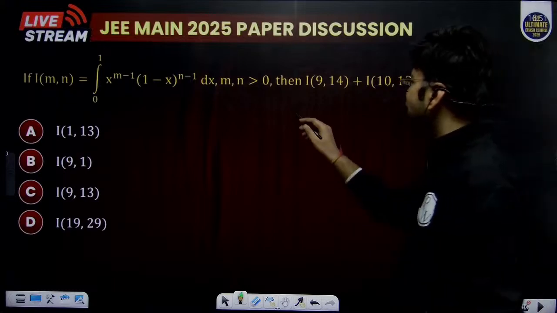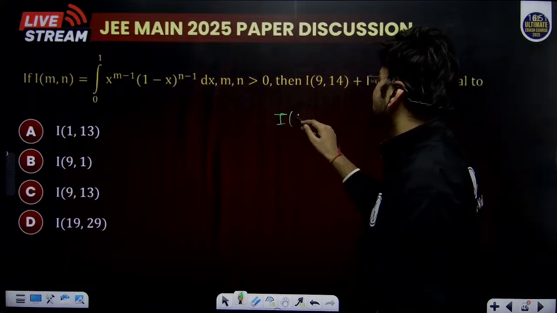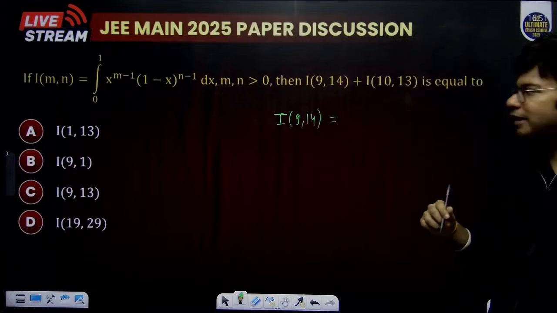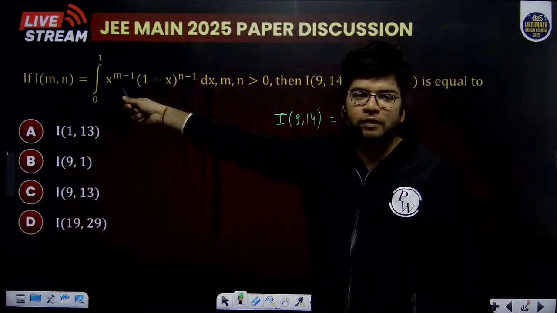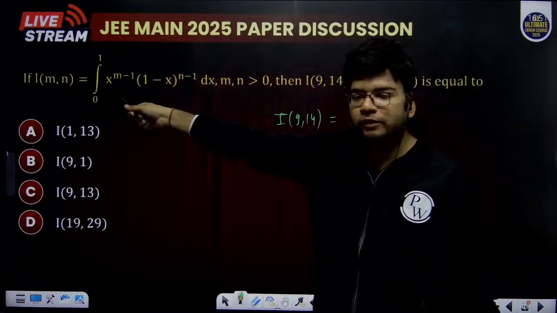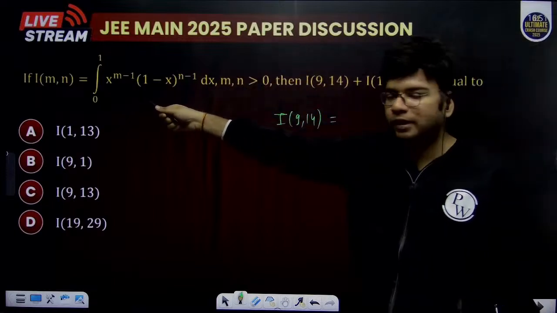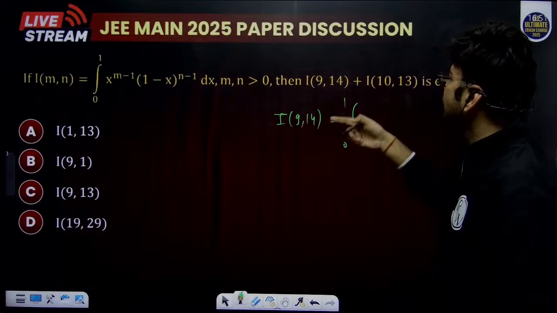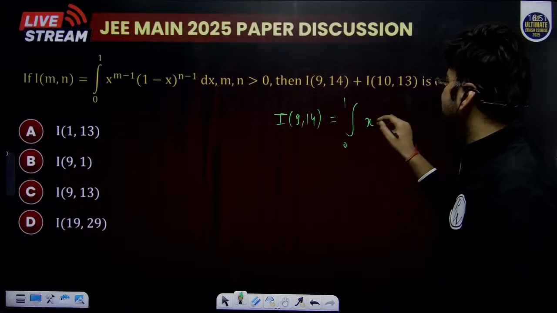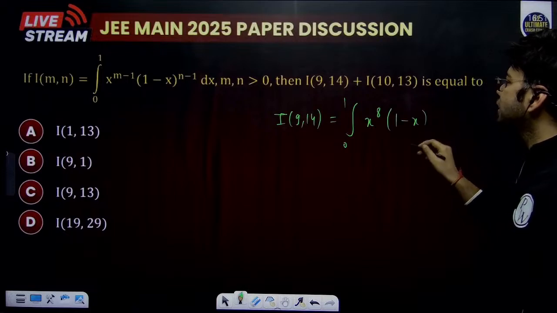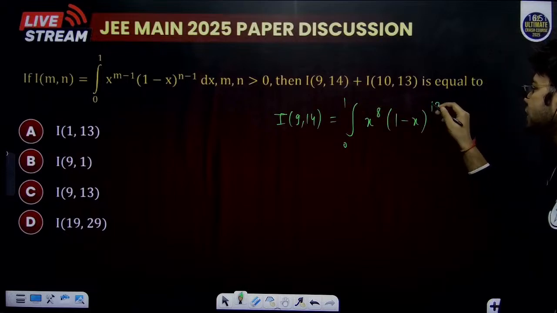So let's try to write I of 9, 14. So what will be I of 9, 14? In place of m I'll substitute 9, in place of n I'll substitute 14. So what I'll get is integration from 0 to 1 x raised to the power 9 minus 1, that is 8, 1 minus x, 14 minus 1, that will give me 13.